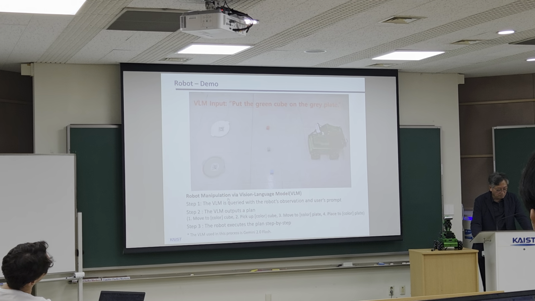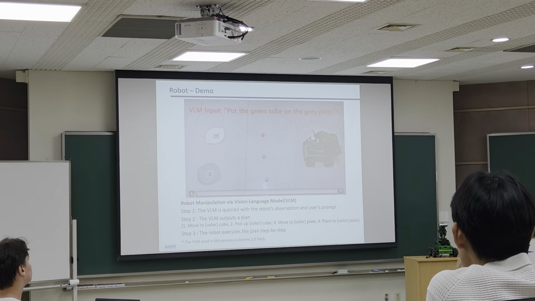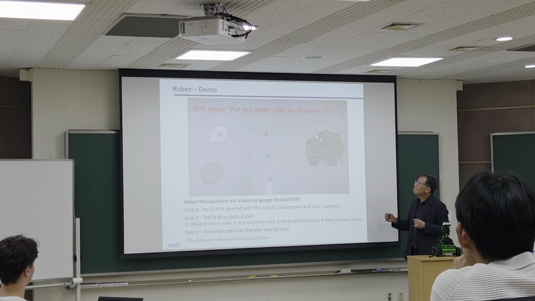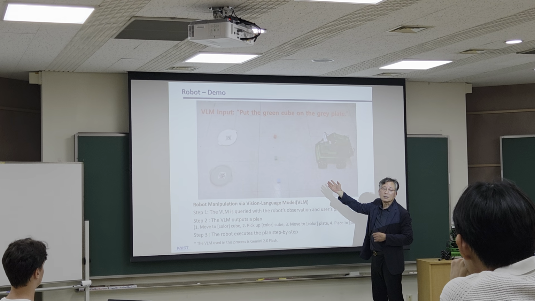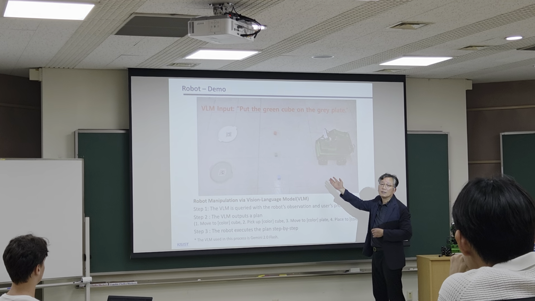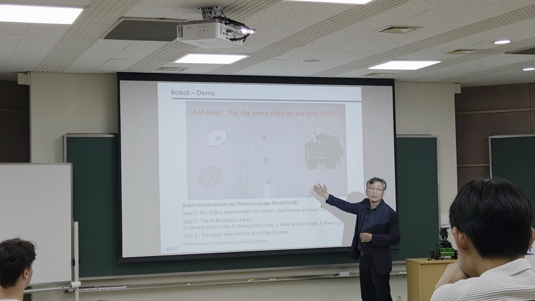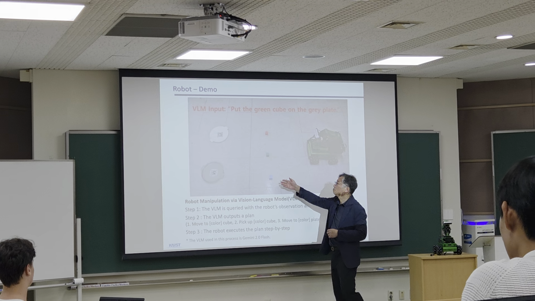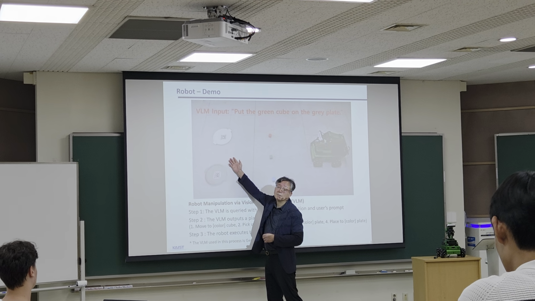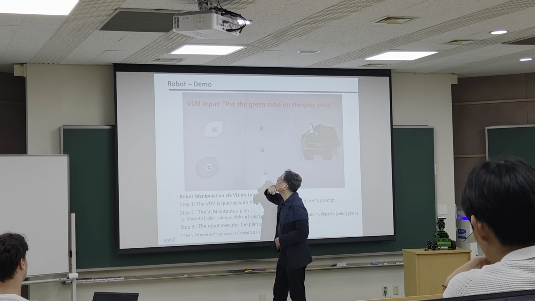This is what our TAs did. They gave an instruction to this robot. This is based on reinforcement learning. You have, I don't know, three baskets, a gray one and a white one.